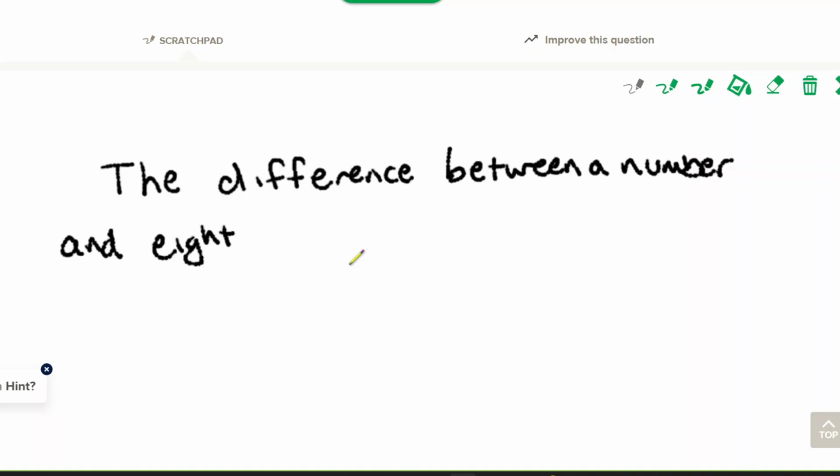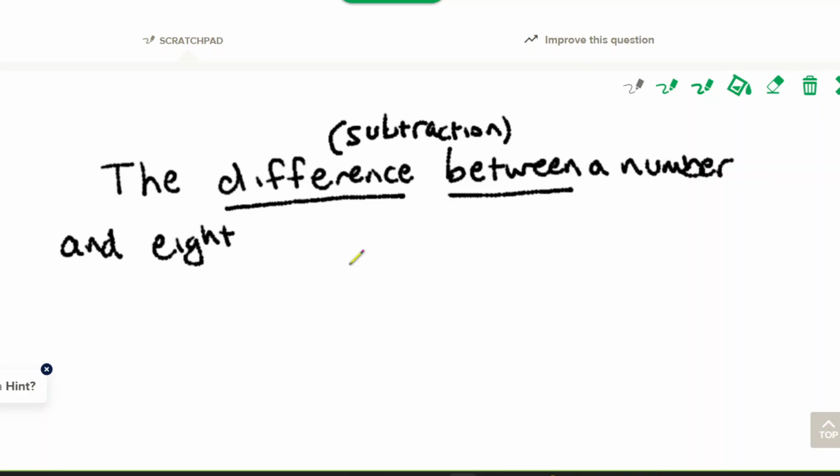Okay, so the key word here is difference, or difference between. Whenever you see the word difference in mathematics, difference will imply that you are doing some sort of subtraction. So difference between is subtracting two quantities.